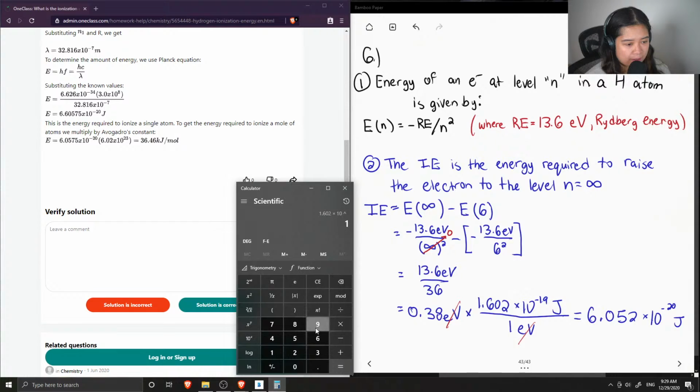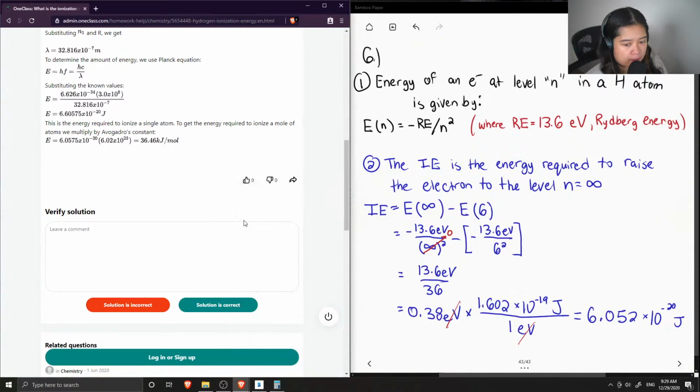Using this, which is 1.602 times 10 to the negative 19, then I'm just going to multiply by 0.38. 6.0. That's around the same value. So you can do either method.